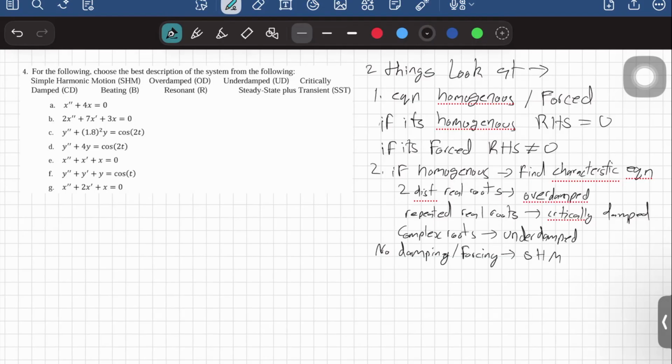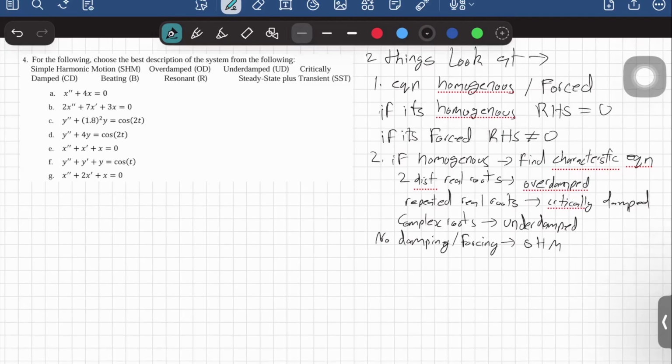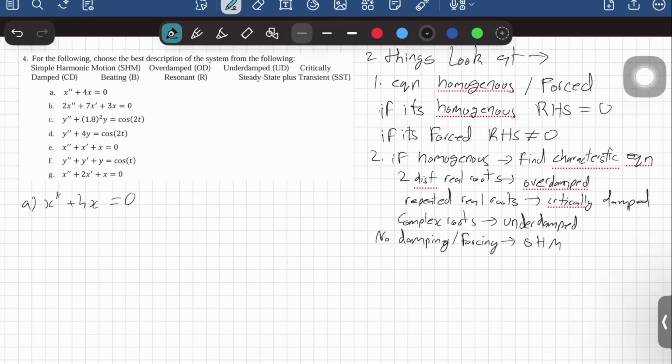So let's go ahead with the first one. Two things to look at: if our equation's RHS is equal to zero, it's homogeneous. If it's homogeneous, what to do next? You have to find the characteristic equation. For A, that is x double prime plus 4x equals zero, so this is a homogeneous equation.